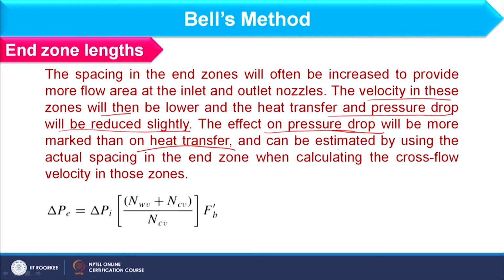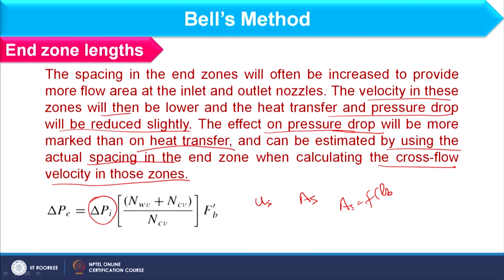Okay. And it can be considered by using the actual spacing in the end zone when calculating cross flow velocity in those zones. Okay. So, if you remember, delta Pi considers cross flow velocity, and that should be US. Okay. And US will depend on AS, and AS will depend on baffle spacing. Okay.